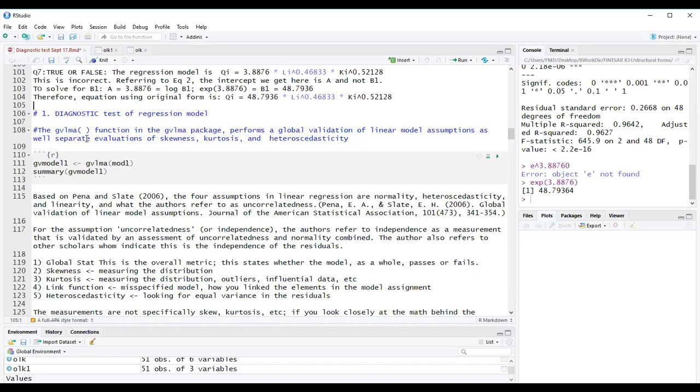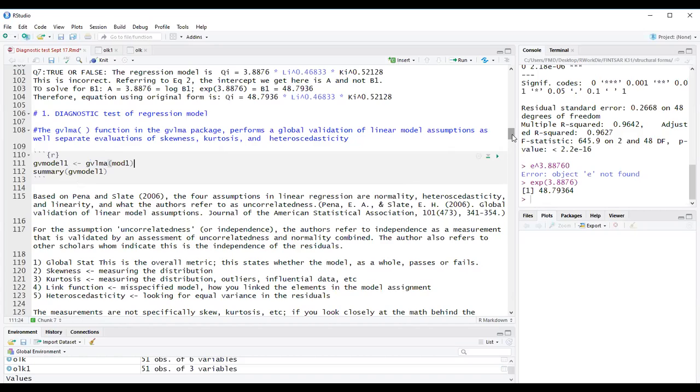Okay, so we go to this function GVLMA. It comes from the GVLMA package, global validation of linear model assumptions. Parang overall test. So here we're going to have this model, tawag natin GV model 1, and the function is GVLMA. Ano tong model 1 na to?